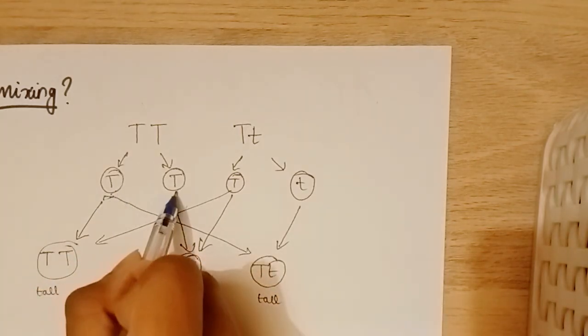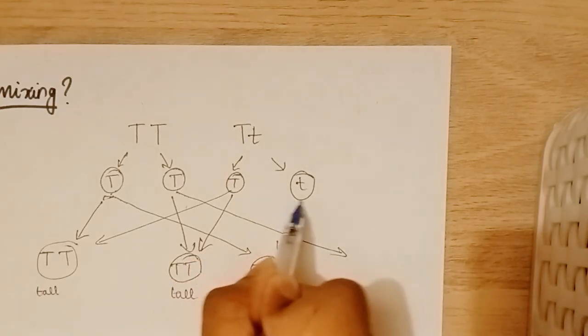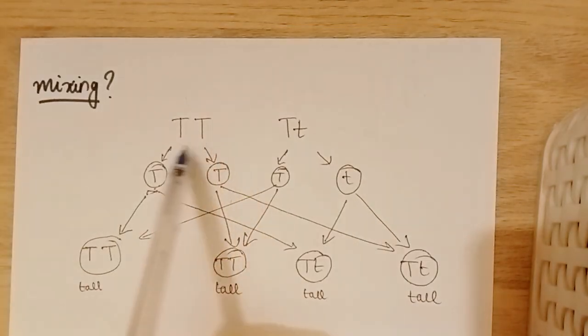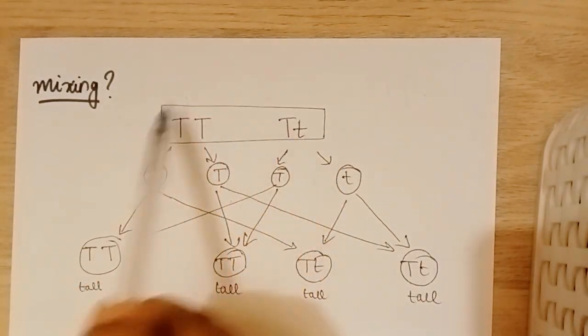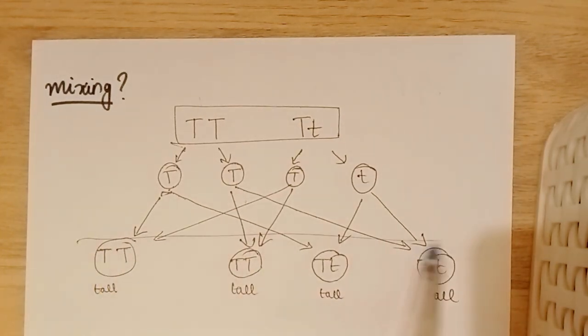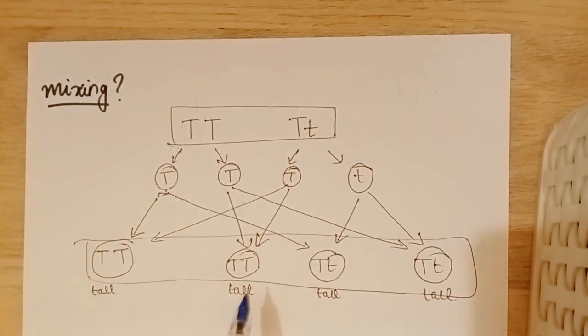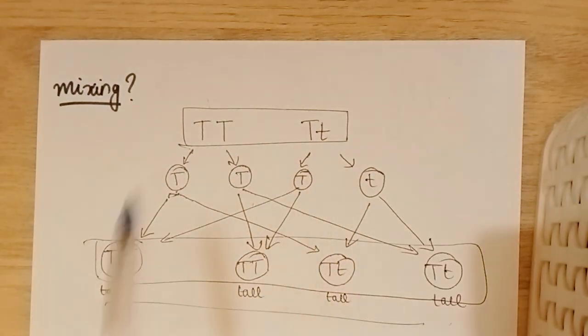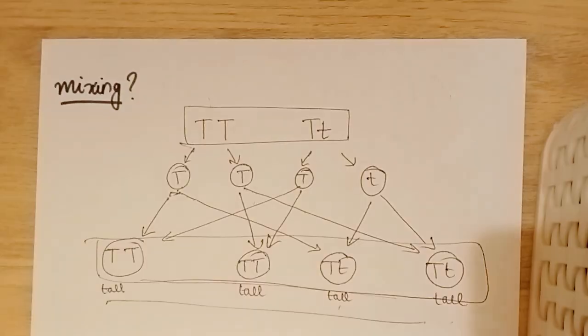And once again, this T and this small t combine to give a tall child. That tells us if this combination of parents goes on, then all the offspring in this generation will be tall. This is how you mix the genes of the parents and get tall children.